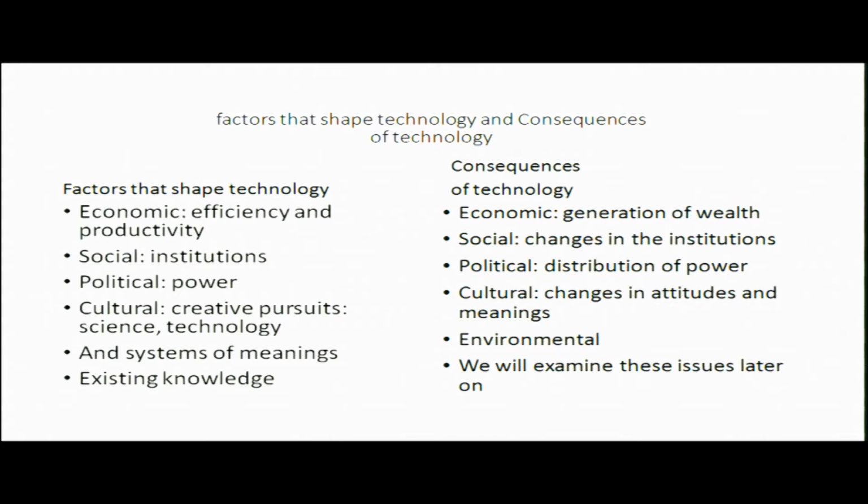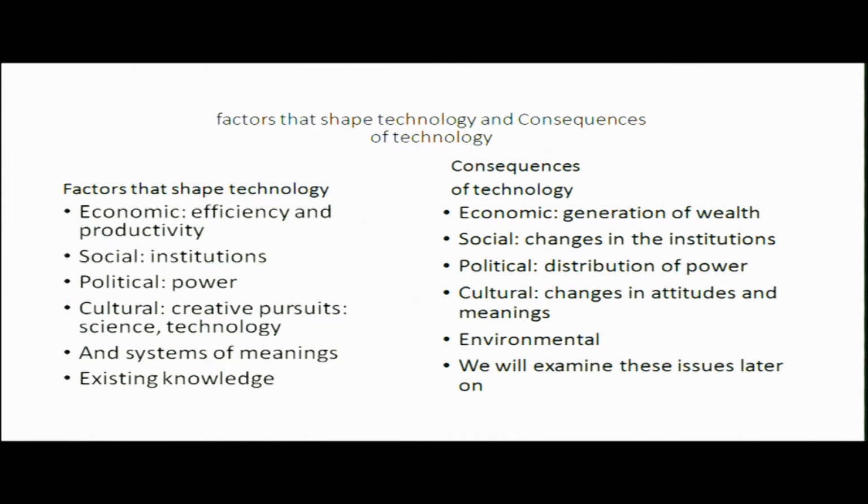The factors that shape technology in a society and its consequences are as follows. The factors that shape technology are economic factors, which are basically efficiency and productivity. One employs new techniques to improve efficiency and productivity. Second, social factors that shape technologies. Social institutions sometimes also create conditions for development of new technologies.